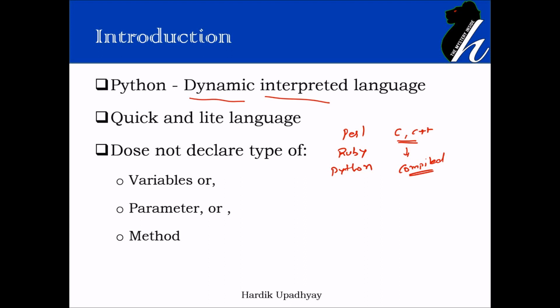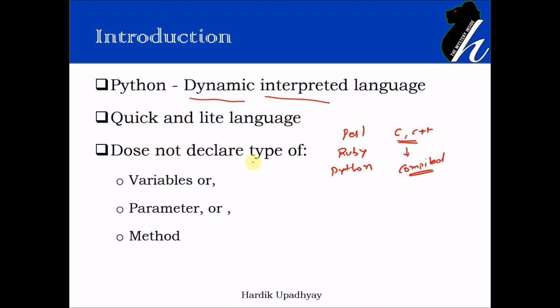It would take less time to analyze, but overall execution takes more time in an interpreted language. No intermediate object code for linking and all. It is continuous translation until the first error is found. So interpreted languages are very easy to debug, and they require less memory. So we can say that Python is a quick and light language.